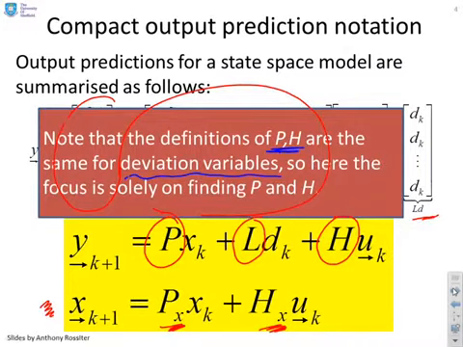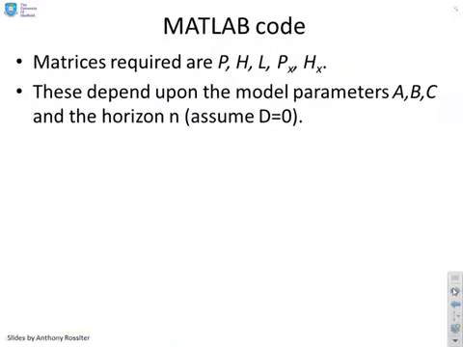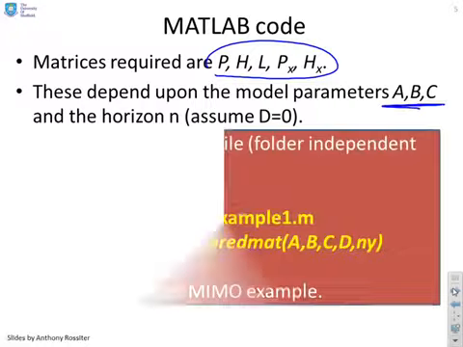So again, what we want is to find the matrices H, P, L, PX and HX, and these depend on the model parameters A, B and C, and clearly the horizon that you're predicting to, N.